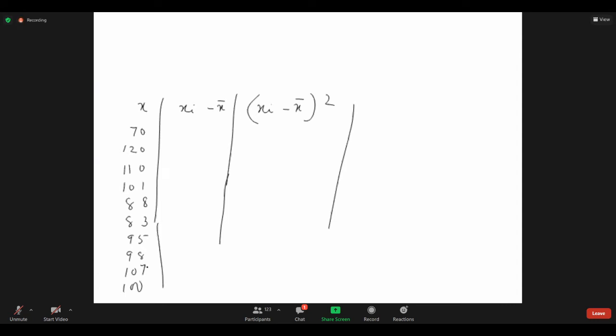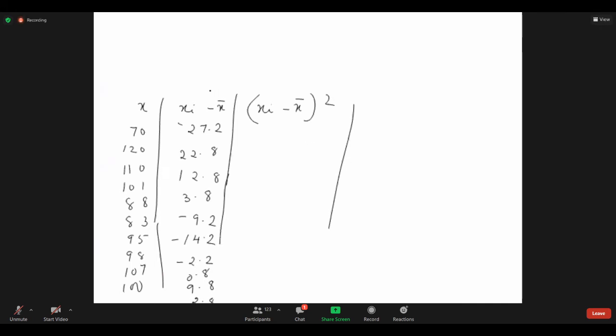Our x bar is 97.2, which we have calculated. So 70 minus 97.2 is minus 27.2, and 120 minus 97.2 is 22.8. Similarly 12.8, 3.8, minus 9.2, minus 14.2, minus 2.2, 0.8, 9.8 and 2.8.